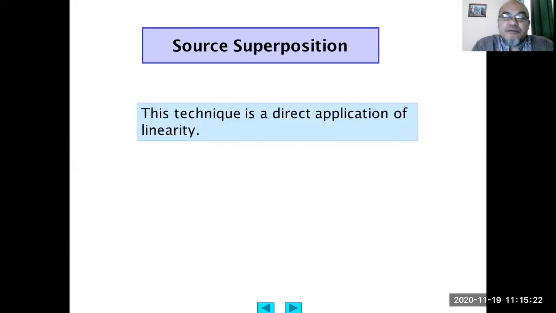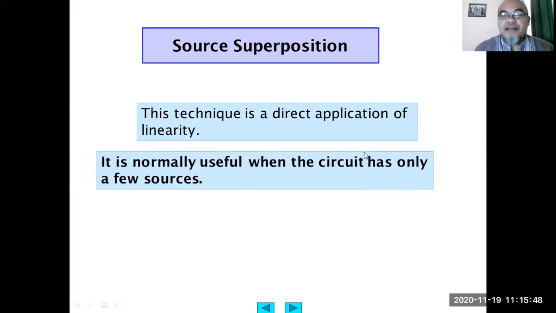So in source superposition, basically, we calculate the effect of each of the sources on the output parameter. After that, the overall result of the output parameter can be calculated from the sum of the output parameter based on the effect of each of the sources.